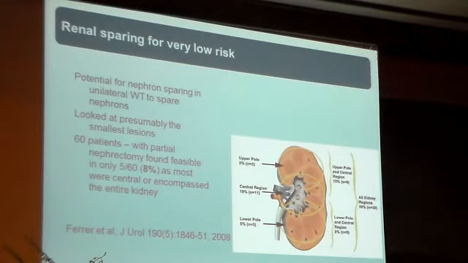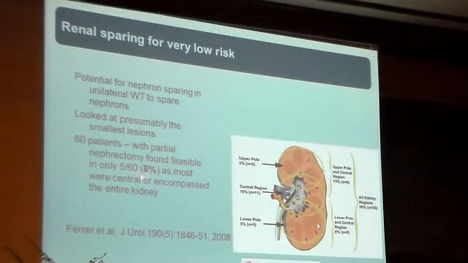There's this study from University of Connecticut that looks at 60 patients. They did partial nephrectomy, but the problem is that they found only 5 of their 60 patients, or only 8%, feasible to do a partial nephrectomy on.